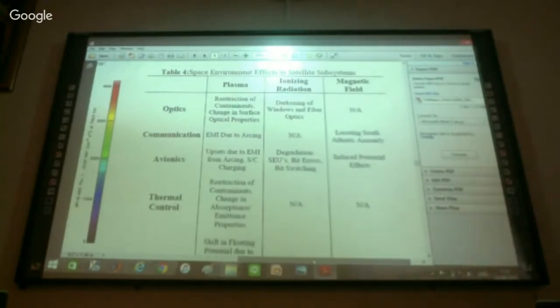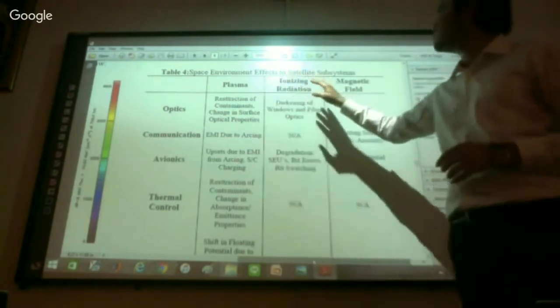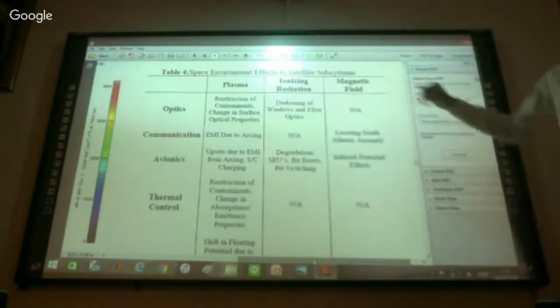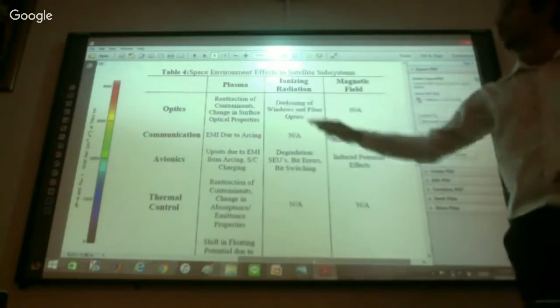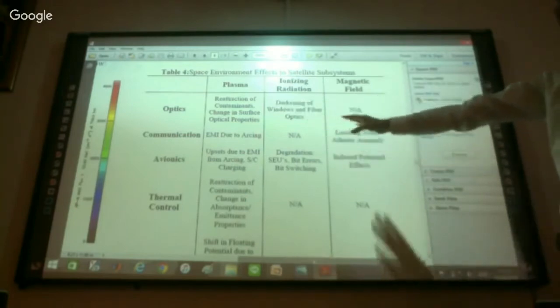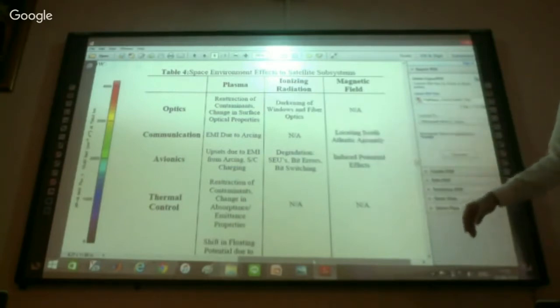This is the optics, communication, avionics, and thermal control. In space we have the plasma, ionizing radiation, and magnetic fields. So we will talk about this. The magnetic field will destroy the communication system, like the solar cells and the avionics system. Yes, that is the reason why we have to protect our satellite from the area.